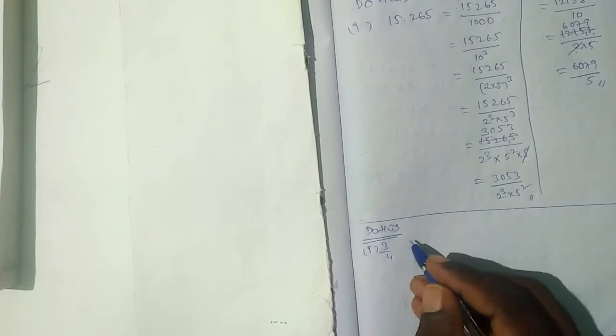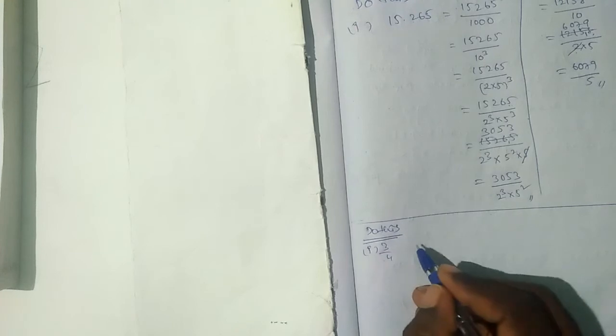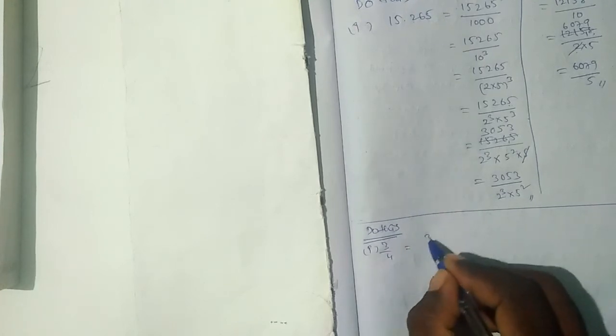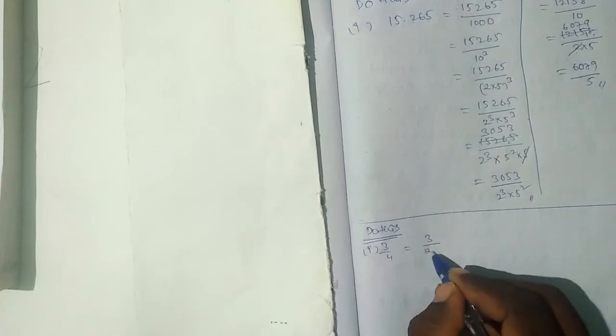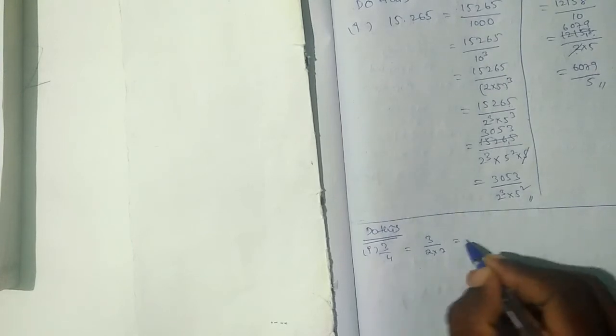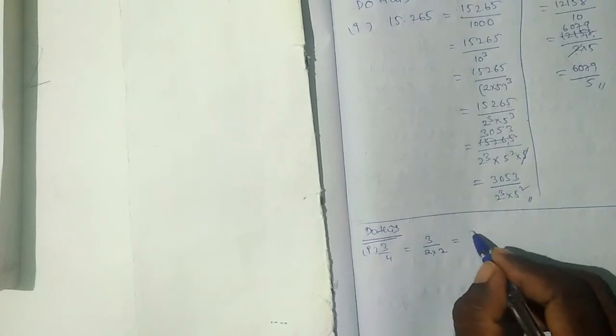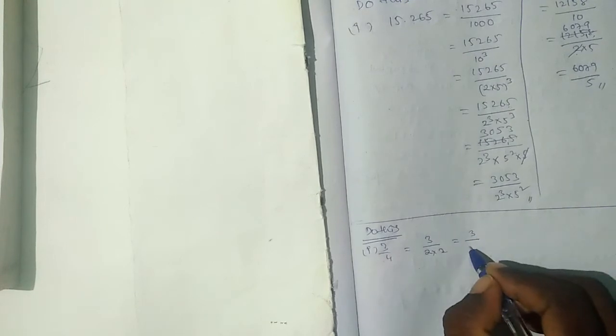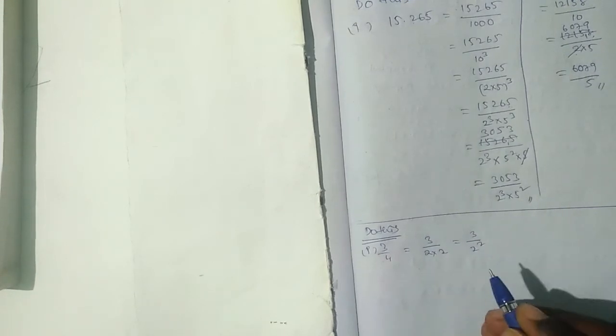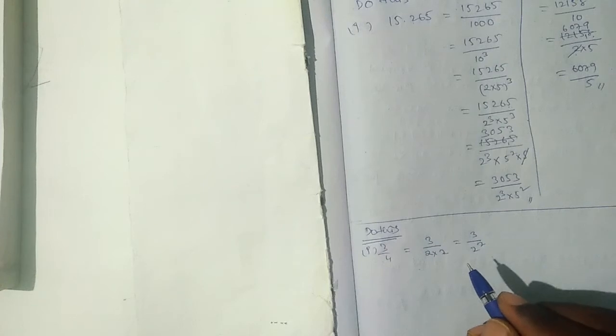So first problem, 3 by 4. The denominator we can express as 2 into 2, which is 3 by 2 square.